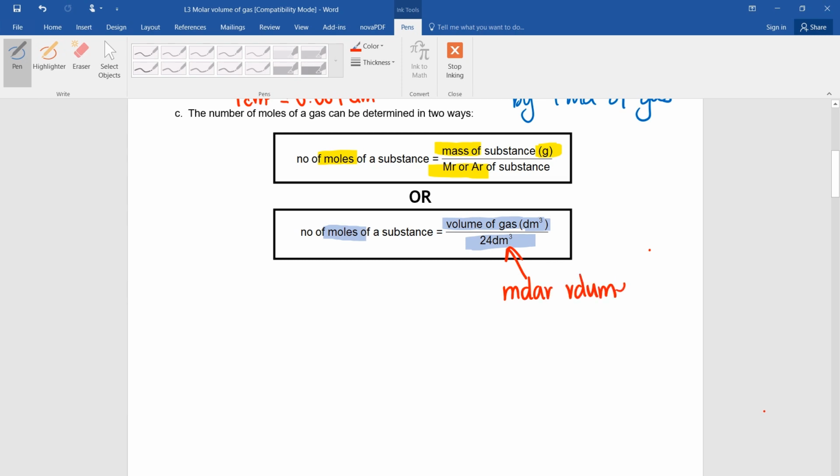How much volume will 1 mole of the gas occupy at room temperature and pressure? So taking the total volume of the gas, maybe it's 48 dm cube for example, divided by 24 dm cube, you end up with 2 moles of substance. Let's take a look at some examples.